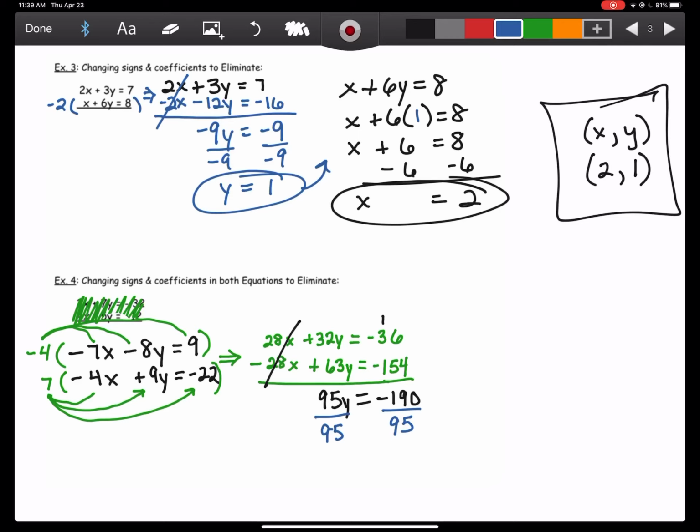And we get that y equals negative 2. Just going to double check. Oops, that's not right. 190 divided by 95. So it's negative 2. Okay.